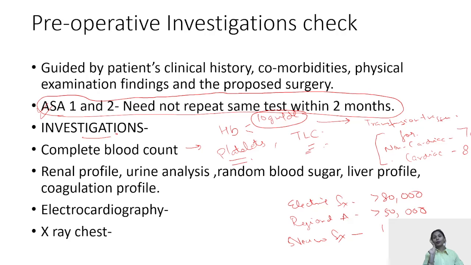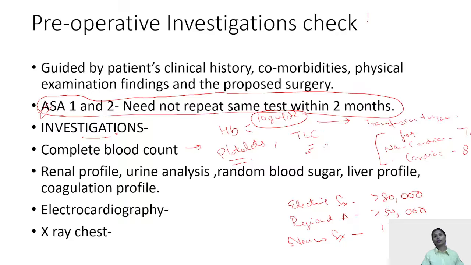These three are very, very important numbers to remember. For elective, more than 80,000 platelets are acceptable. For regional, at least 50,000 platelets have to be there. And for neurosurgeries, 1 lakh platelets.